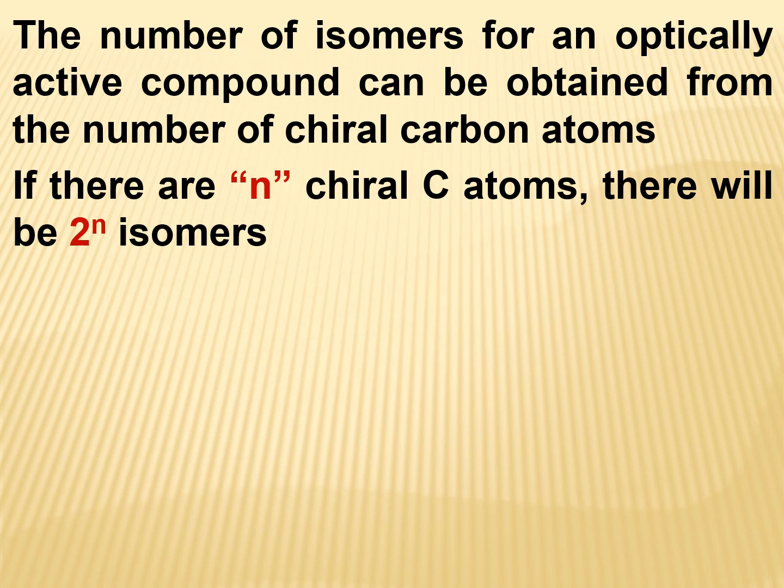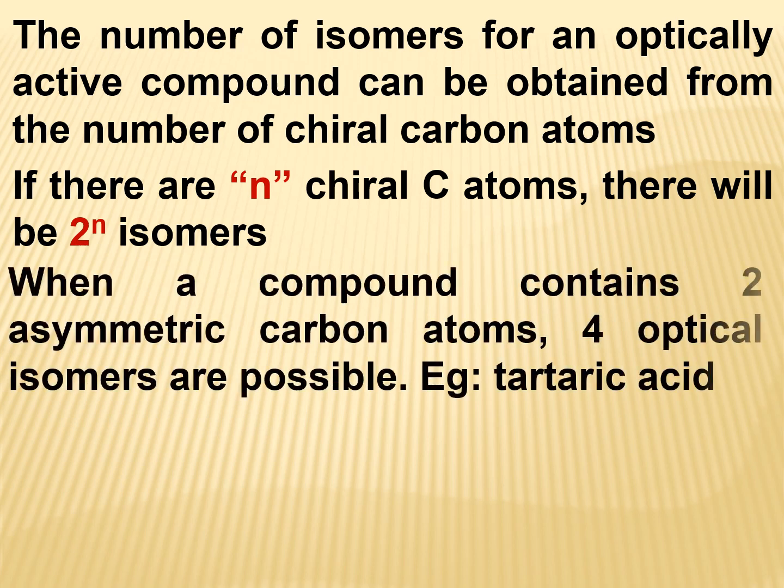In case of lactic acid, there is only one chiral carbon atom, so 2 raised to 1, that is there are only 2 optically active isomers, the plus and the minus lactic acids respectively.